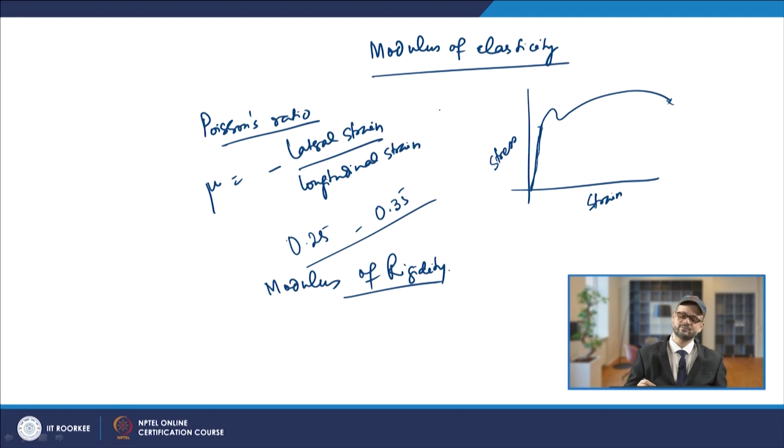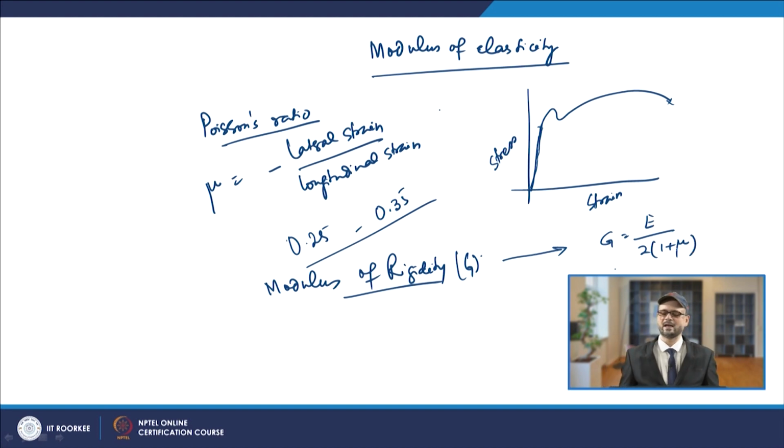That is defined by the term G. If you try to see the correlation between this G and the modulus of elasticity, there are correlations like G equals E upon 2 into 1 plus mu. So, these are the terminologies which need to be understood in such cases.